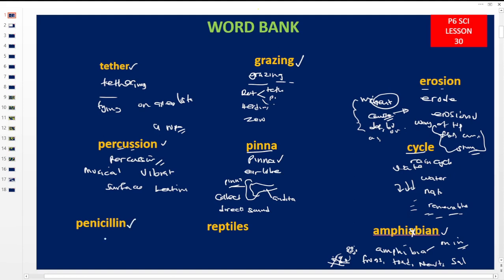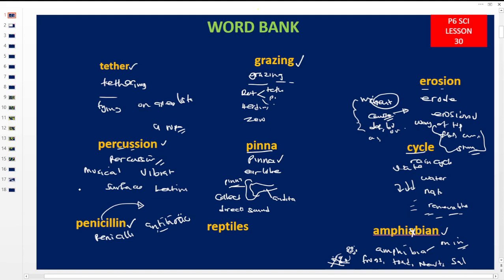Then we have this one, penicillin. This is an antibiotic. When I talk of the word antibiotic, it means a drug which can fight bacteria. Remember, in the previous lessons we discussed bacteria, and we said they are harmful in a way that they can cause food poisoning, diseases and infections.